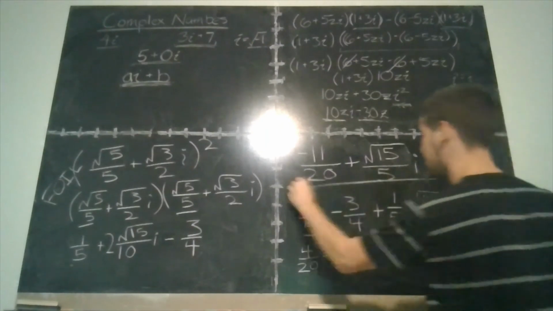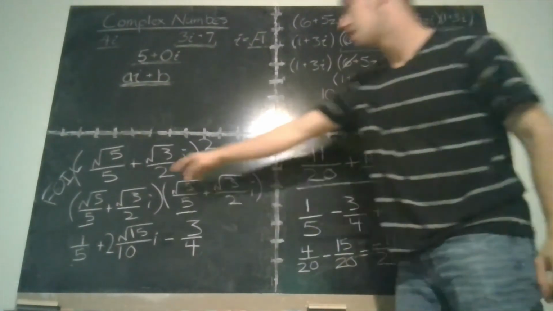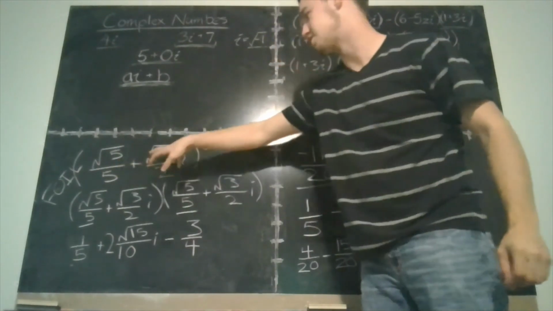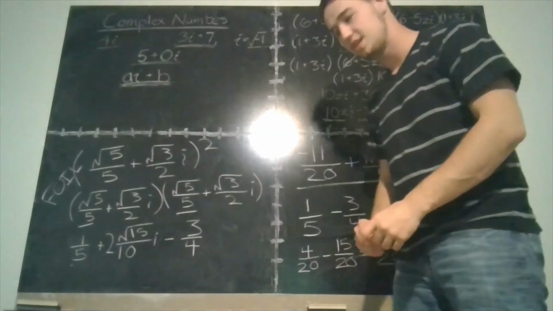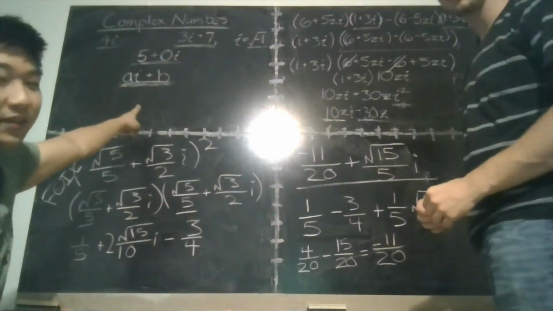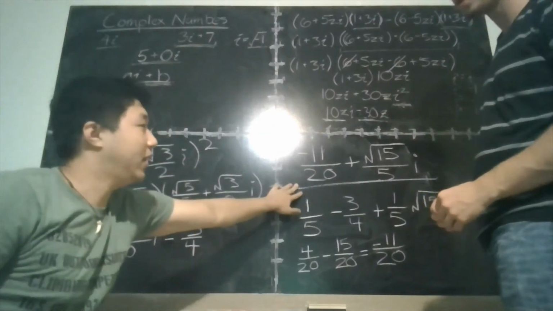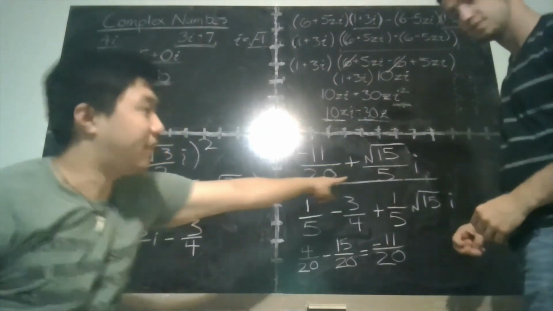And that is our solution whenever we square radical 5 over 5 plus radical 3 over 2 times i. And we know that this is simplified because if you remember our definition for complex numbers, this is b, the real part, and radical 15 over 5 is a.